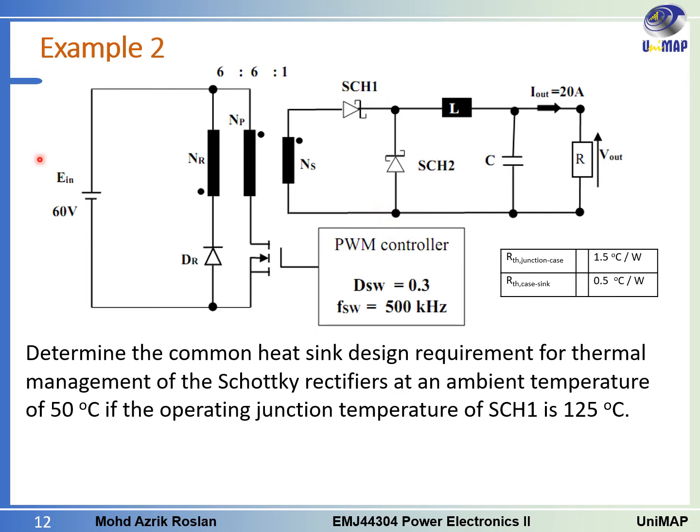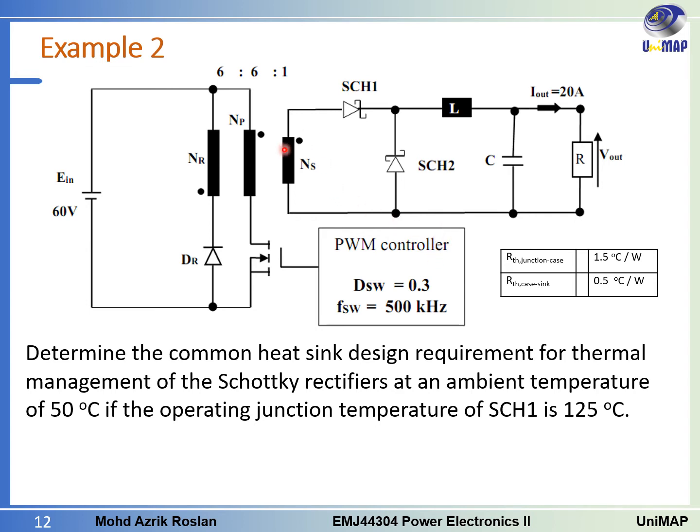Sometimes the thermal management circuit doesn't have to be a forward converter circuit. In the question we can give you a flyback converter, or a push-pull converter. So you have to know how many components are involved when you want to design the heatsink.